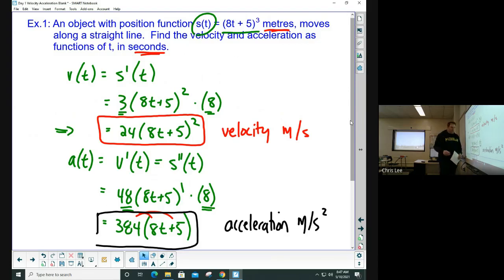And then if I want to know the acceleration at any moment in time, I would use this function. So the calculus is useful in order to be able to find all 3 of these calculations.